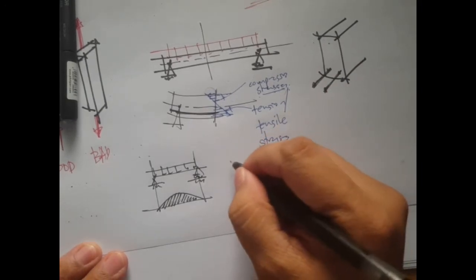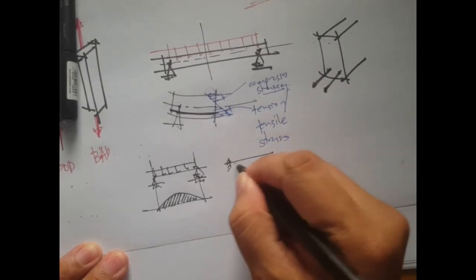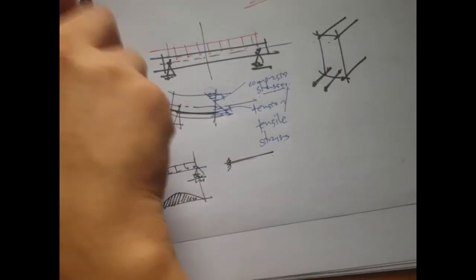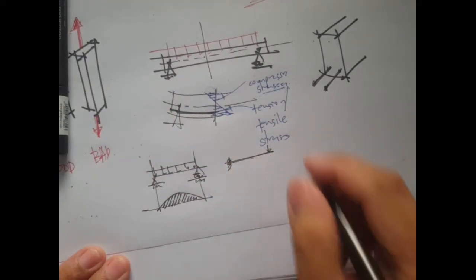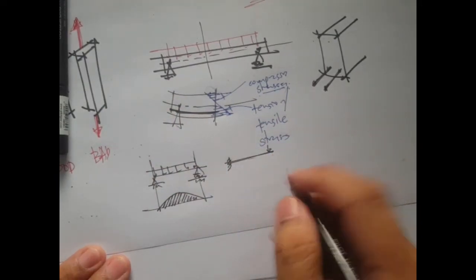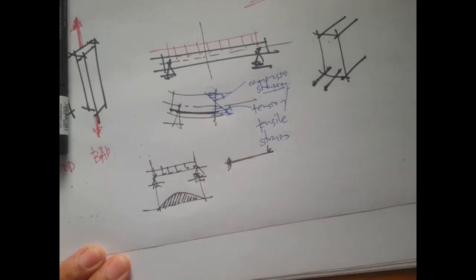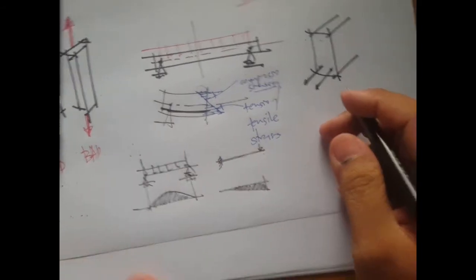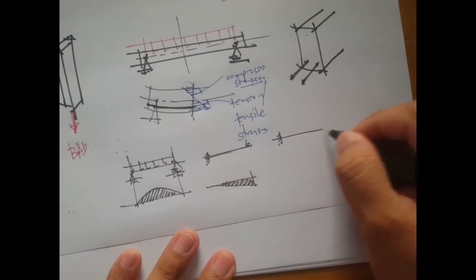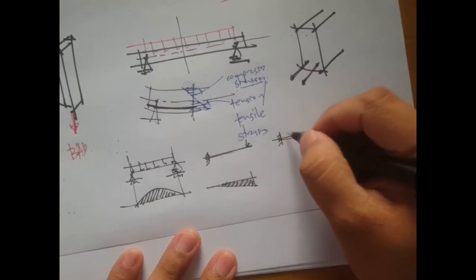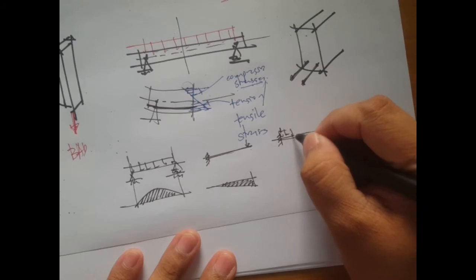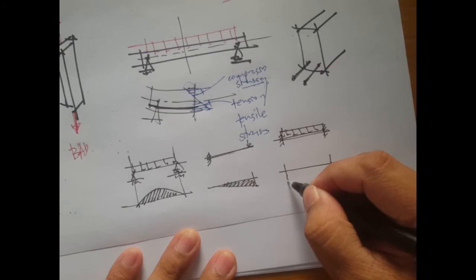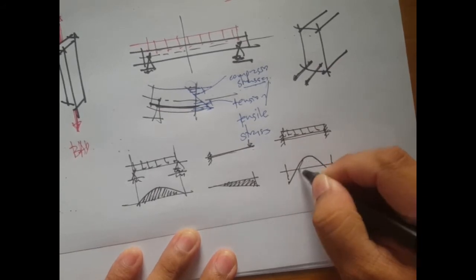But for a cantilever beam, we have a fixed boundary condition here, and then we apply loads, for example, then you're going to have a moment like this, right? Okay, but for fixed boundary conditions for a beam under uniformly distributed loads, what you get is actually a negative moment and then there's going to be a positive moment, right?